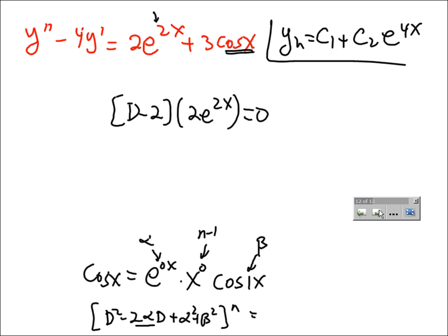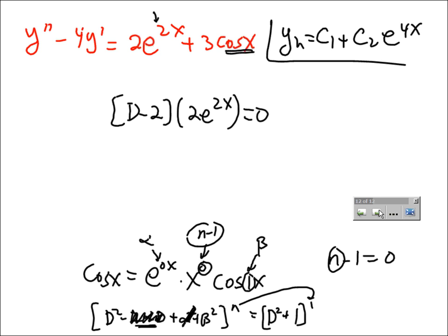Well, if a is 0, then 2ab is 0, and a squared is 0. So you just get D squared plus b squared. But b is 1, and 1 squared is 1. And if n minus 1 is 0, well, 1 minus 1 is 0, so n is 1.